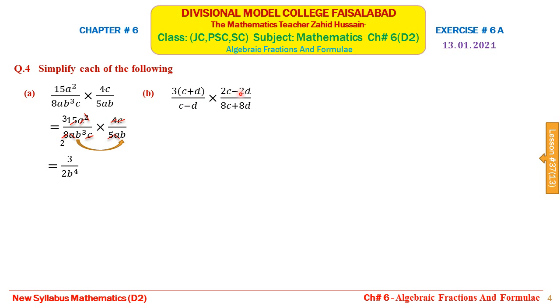We will factorize this expression and this expression. The numerator of the second fraction is of the first type, that is there is something common in all the terms, and that common is 2. So we will take 2 common and we will be left with c minus d. In the denominator 8 is common and we get c plus d.